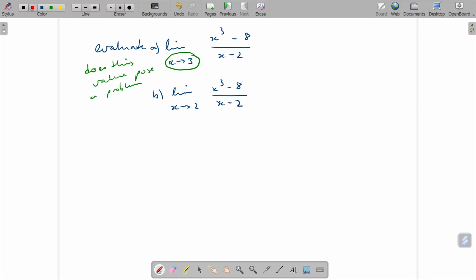Well, again, in this sum, what we should be able to see quite quickly is that because of the denominator x minus 2, x may not equal 2. So actually what we're realizing here is that in question A, there is no problem, whereas in part B, because it is x equaling 2, I do have a problem.